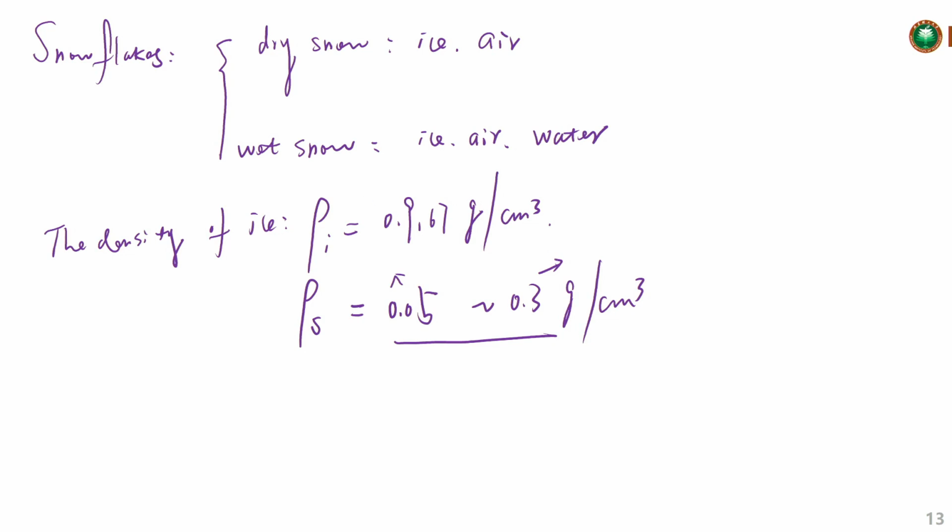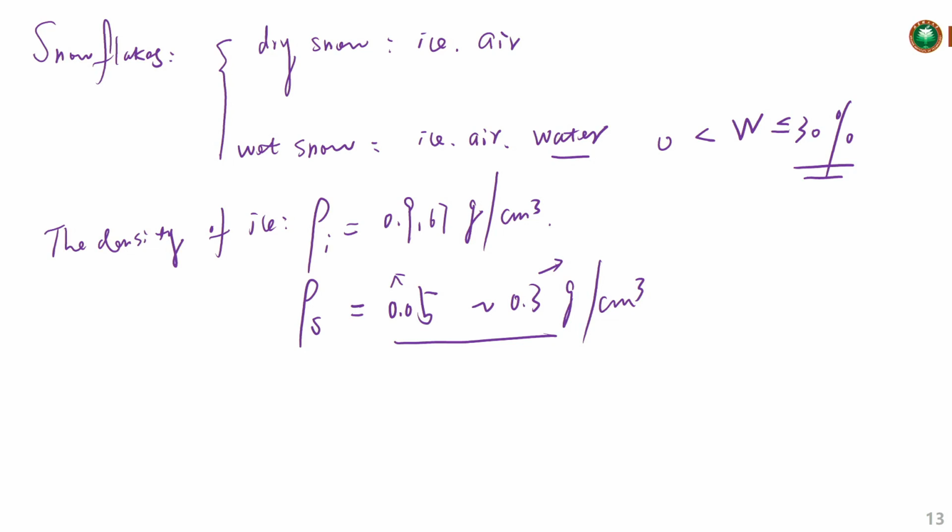So for wet snow, it has a wetness parameter. The wetness parameter corresponds to the water content inside of it, but it cannot be very high. For example, if I increase the water content inside of the wet snow particles, it has a limit: it should be larger than 0 and smaller than 30%. If it is larger than 30%, that means the snow is going to melt and become water droplets, so it becomes water as raindrops instead of snow.